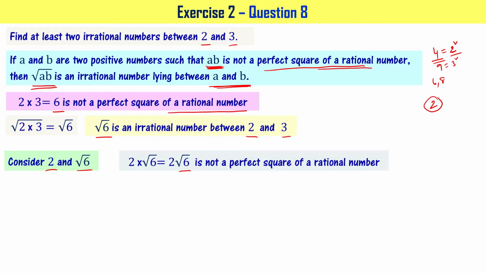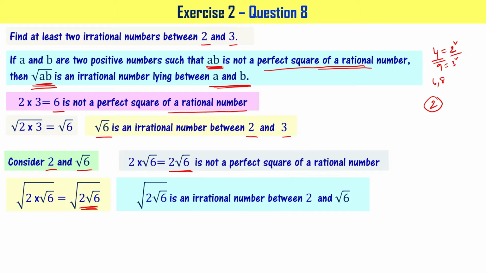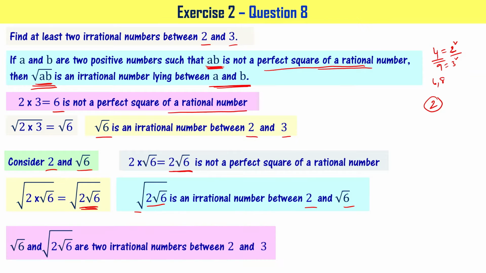It means root of 2 root 6, meaning root ab where ab is 2 root 6, is an irrational number between 2 and root 6. Got it? Now we got two irrational numbers between 2 and 3. Those are root 6 and root of 2 root 6. These are two irrational numbers between 2 and 3. Got it?